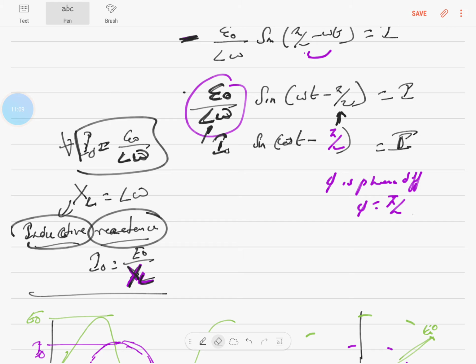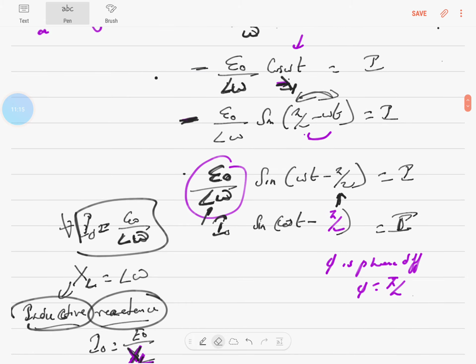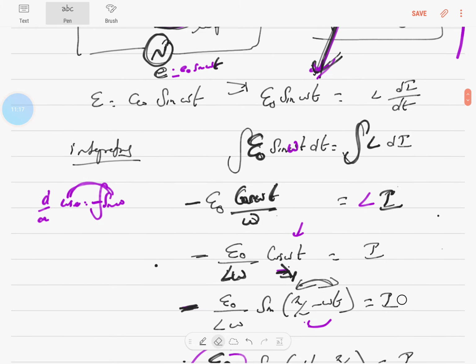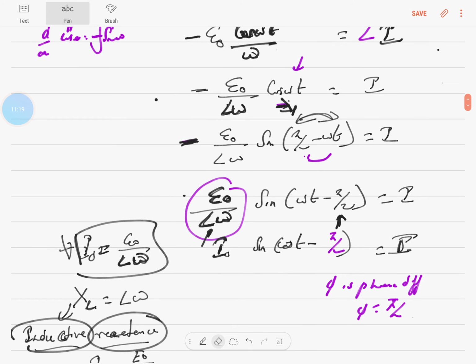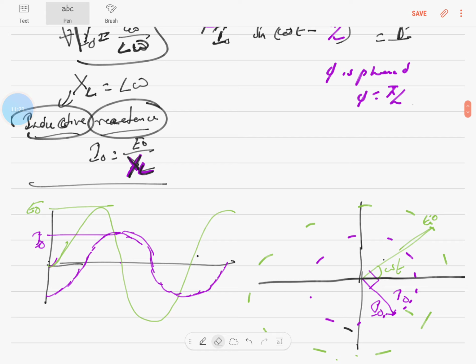So that completes this, and you know that the current is lagging behind. Can you see the current is lagging behind? EMF is E0 sin omega t, but current I is equal to I0 sin omega t minus pi by 2. So how do I draw the graph? First thing, you start the EMF from 0 with a bigger amplitude, and the current in the inductor, which starts with the letter I, is lagging behind.